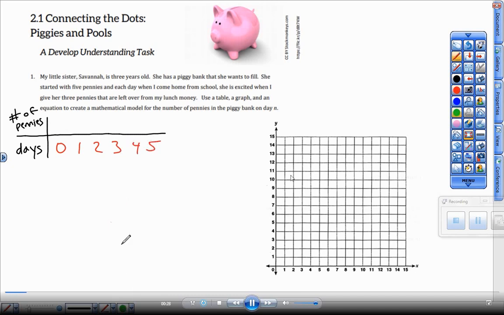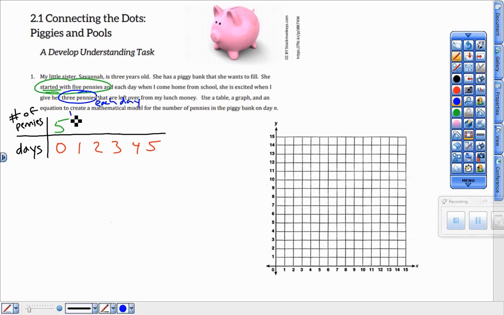And on the y-axis, looks like she starts with 5 pennies. So that's going to be my y-intercept, 0, 5. And she's adding 3 pennies every day. So plus 3 is being added each day, which makes this a discrete situation.